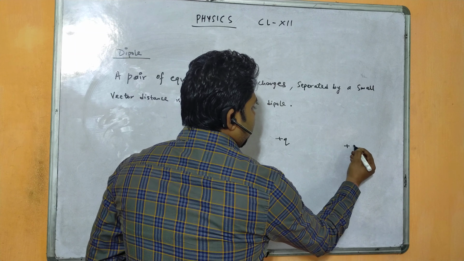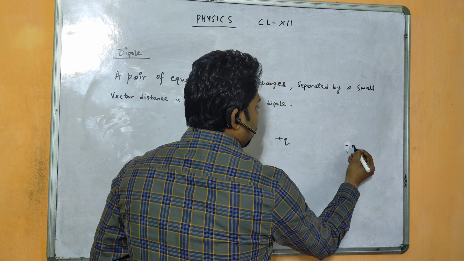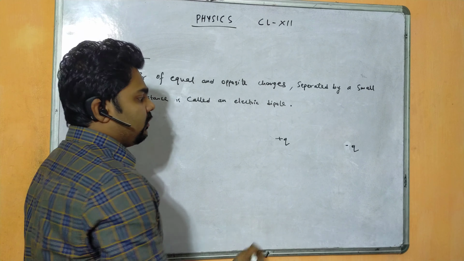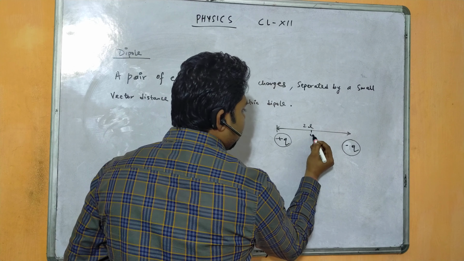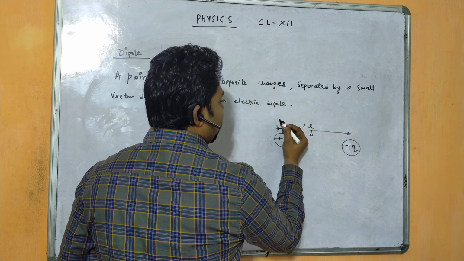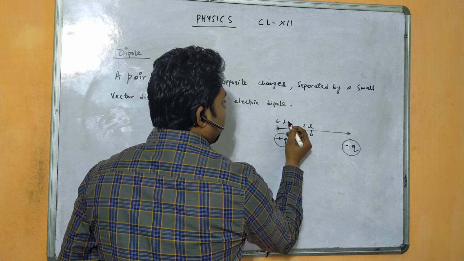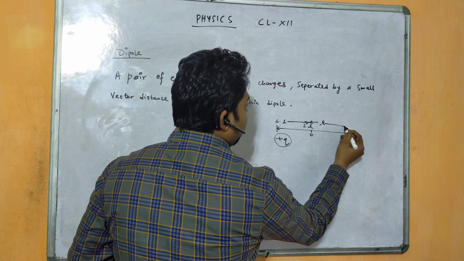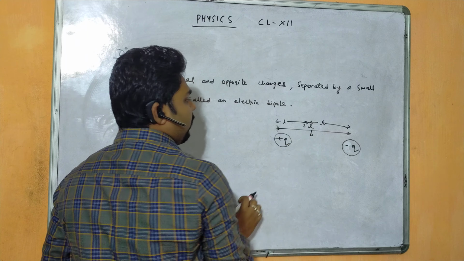Suppose there are two charges. One is plus q charge and one is minus q charge. These two charges are separated by a distance 2L. That means if you consider this as the midpoint, then from here is L and from here is L, that means L plus L, that is 2L.